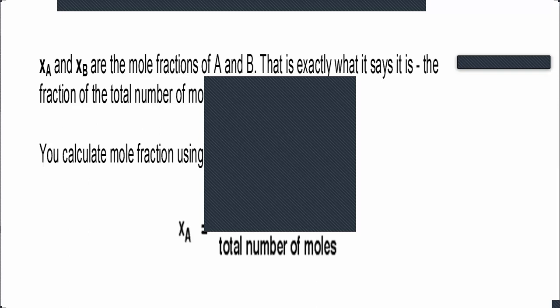So 29.76 multiplied by 2.4 is 71.424 M. Good. Now we have our C.